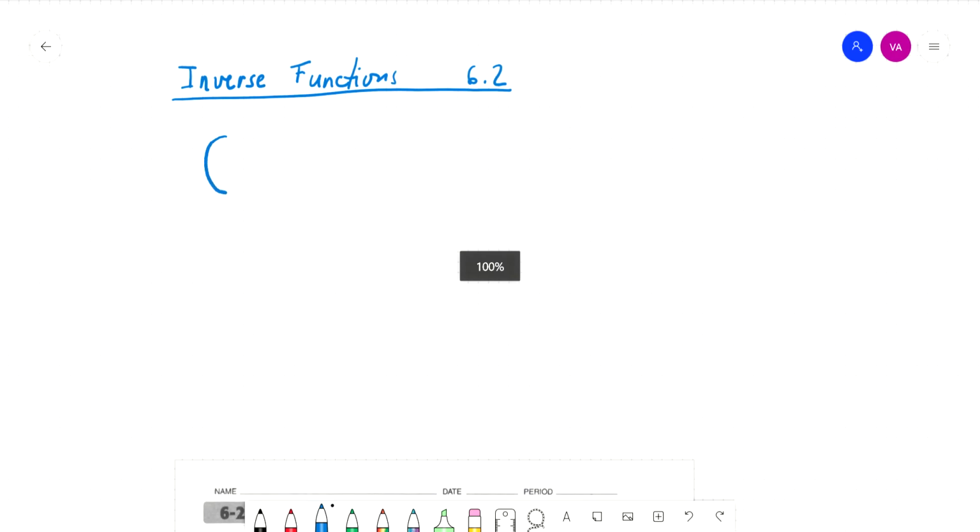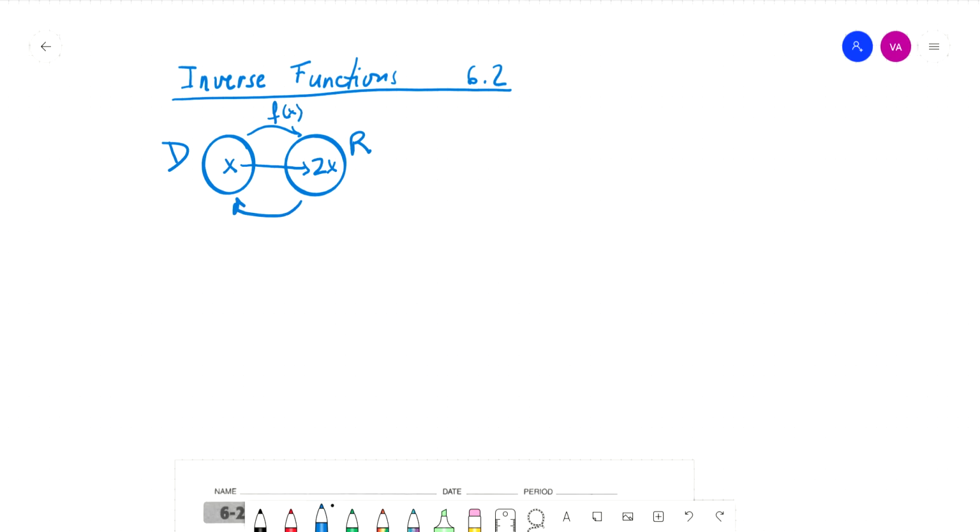Imagine we have a set of numbers and another. This is my domain, this is my range, and the elements in the domain, I multiply them by 2. I find double, and I'm calling that my function f of x. If I go backwards, if I get from an element in the range of f to an element in the domain of x, I'm doing the inverse function of x.